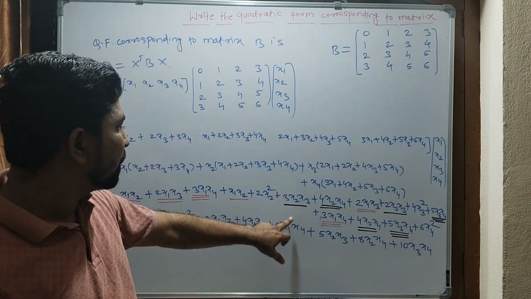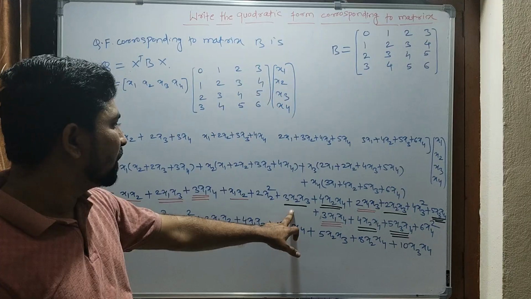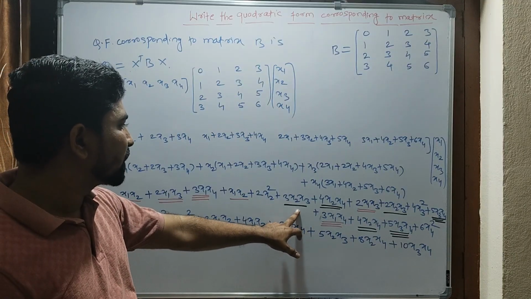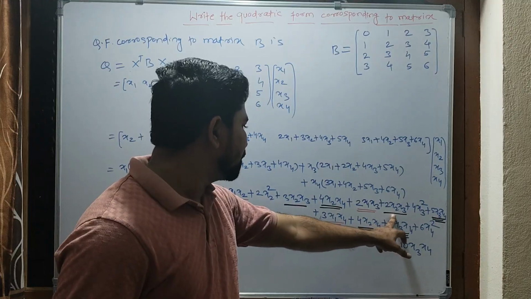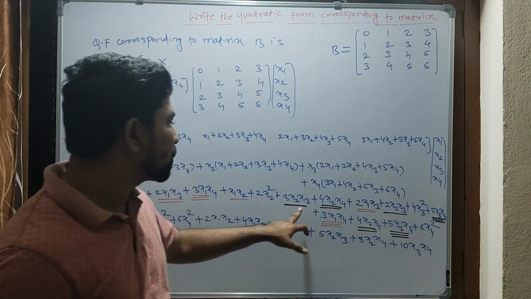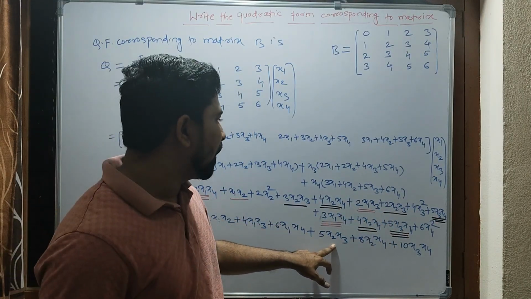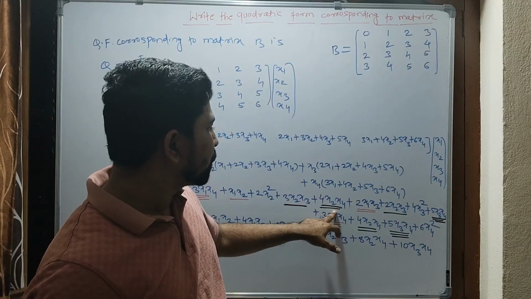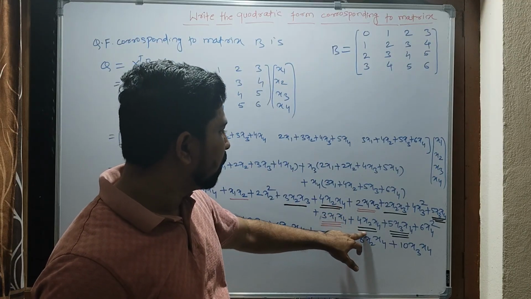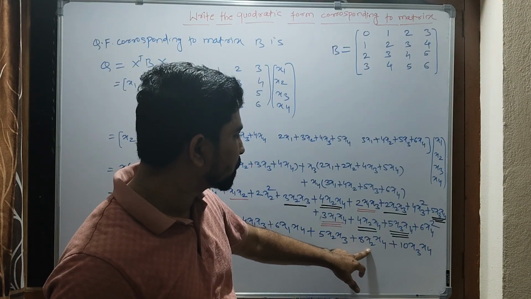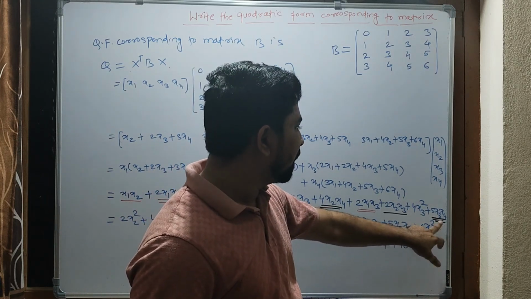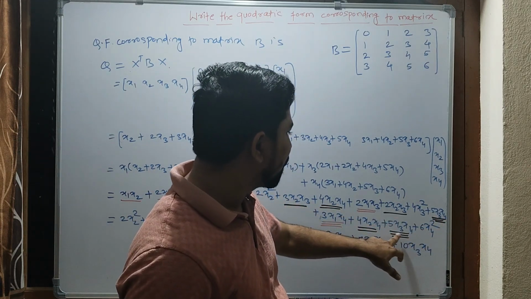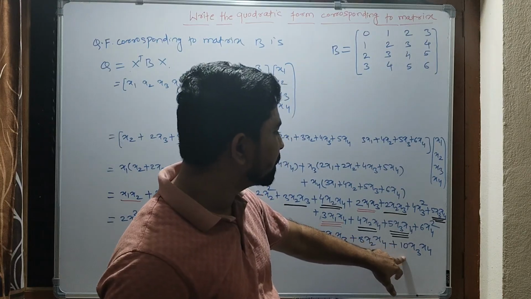Now black single line: 3 times x2 x3 and 2 times x2 x3, that is 5 times x2 x3. Black double line: 4 times x2 x4 and 4 times x2 x4, giving 8 times x2 x4. Black triple line: 5 times x3 x4 and 5 times x3 x4, giving 10 times x3 x4.